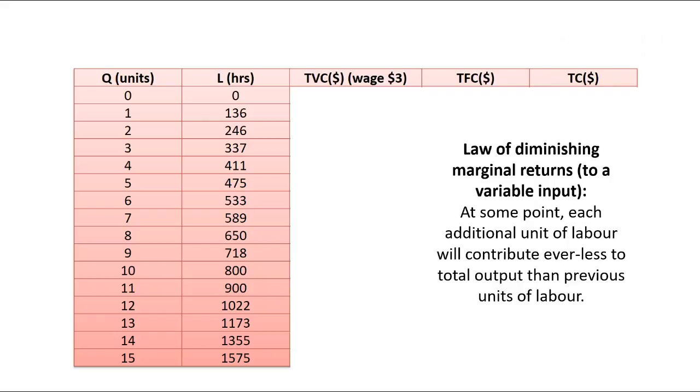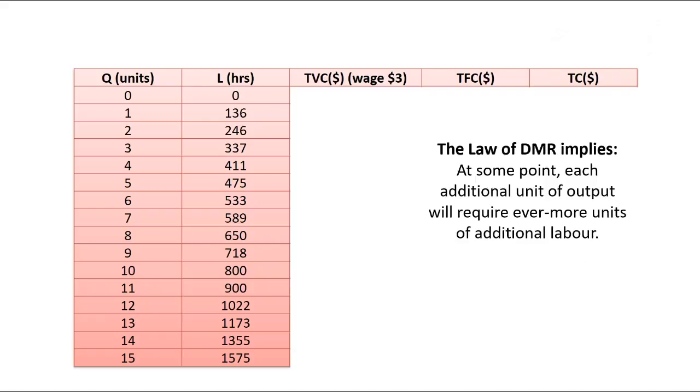What that law implies for our table here is the following. At some point, at some level of output, each additional unit of output produced will require ever more additional labour to produce it. So, to see that in operation, let's go down the table.